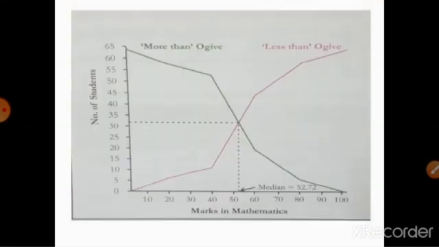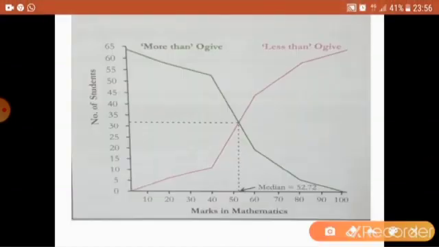After joining these two curves, we can see that they meet at a point. The point where they meet is 52.72, and that value is taken as the median. So the median can be obtained by using the less than and more than Ogive curves.